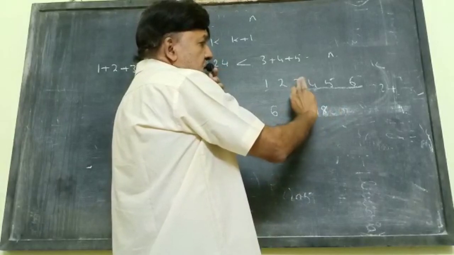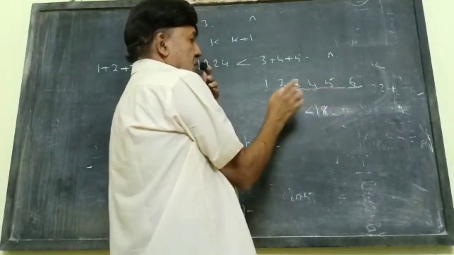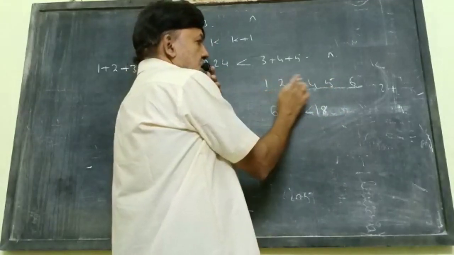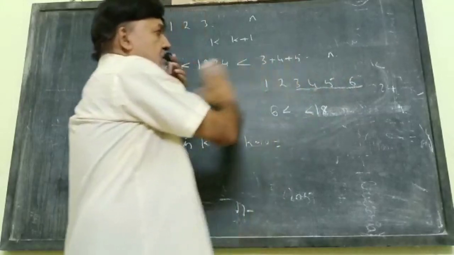In between, if you remove any two numbers, let us say 3 and 4, you get 1 plus 2 plus 5 plus 6, which is 14. So that should lie between these two. I think you followed this step.